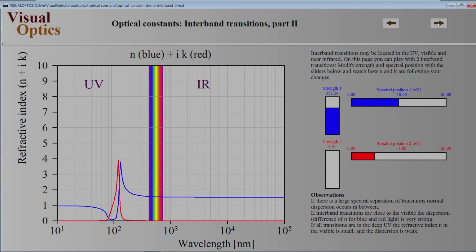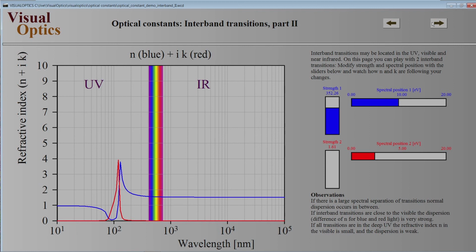Basically, an interband transition means that you take energy from the light wave by absorption, and you lift up an electron from one energy band to a next energy band, from a valence band to a conduction band, so to speak. And this means a very strong absorption for some energies which are high enough to lift up the electrons from one band to the next.